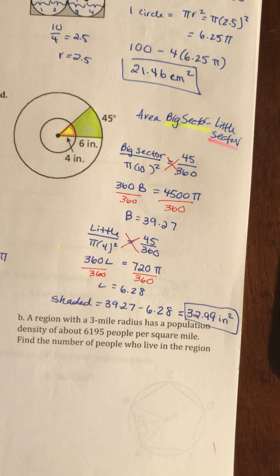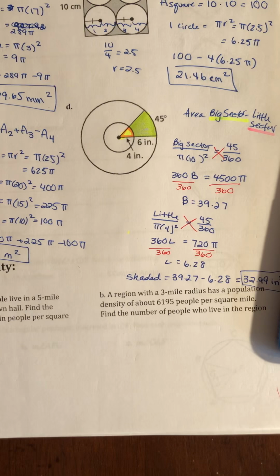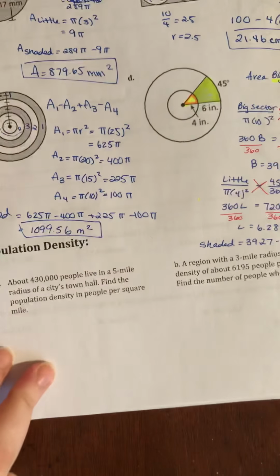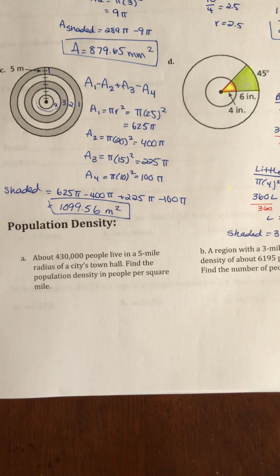So they use area a lot for different real-world applications. One of them is population density. So population density is all about how many people are in a certain square area. We usually, in America, use square miles. So you can have an idea: Boston has a much higher population density than maybe a rural town in Wyoming.